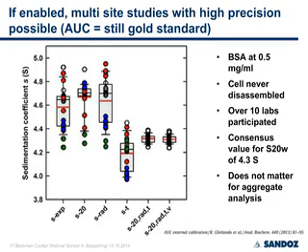Although this does not matter that much for aggregation analysis, because the overall size distribution is not affected by those factors, because they scale the S values but not the distribution itself.